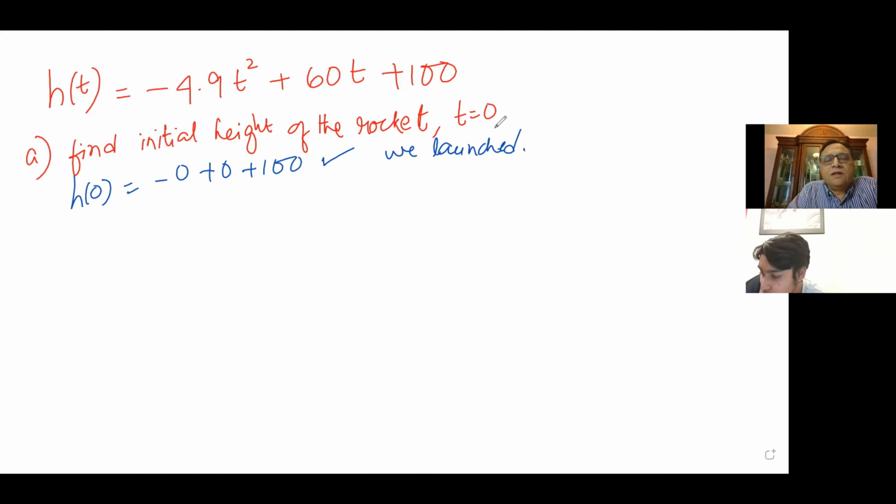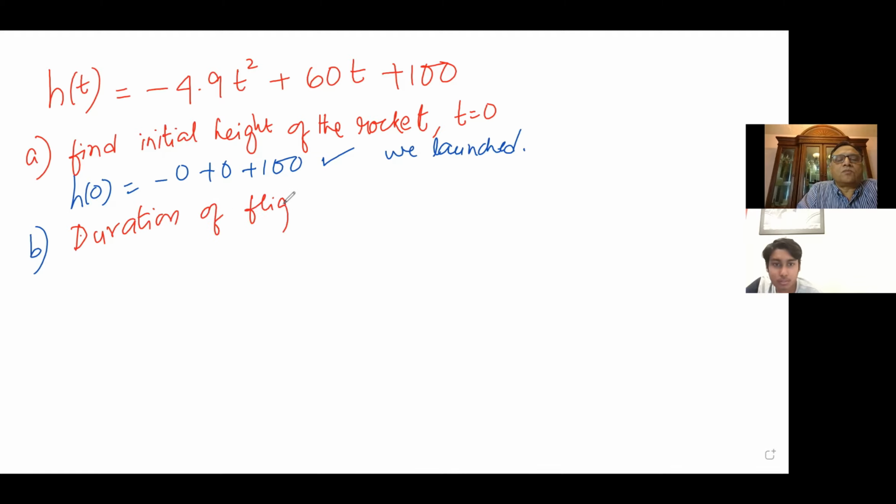Now, let's figure out how long it was in the air, or the duration of flight. Duration of flight really means that it will go up and then finally it will come down, right?